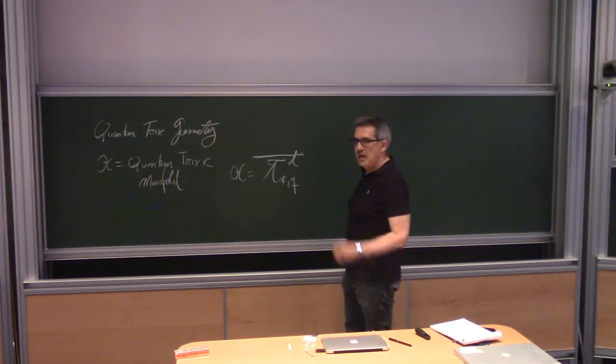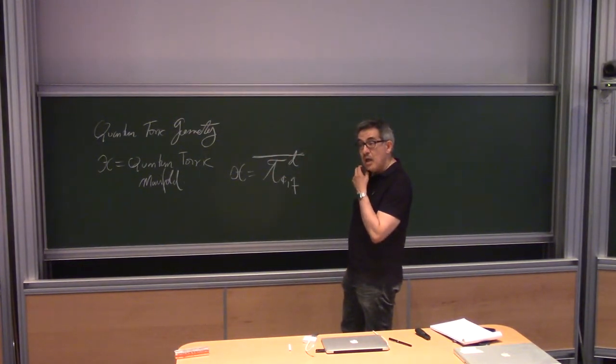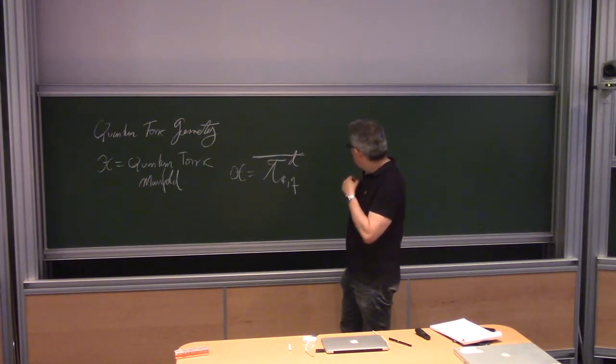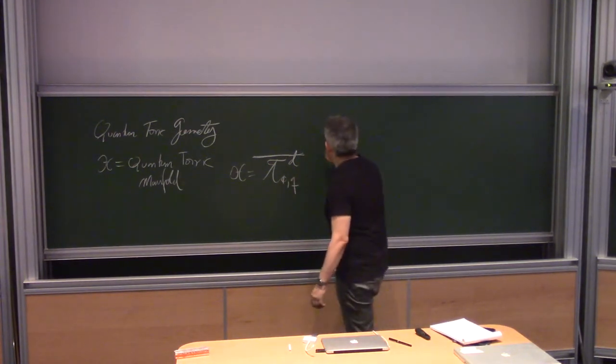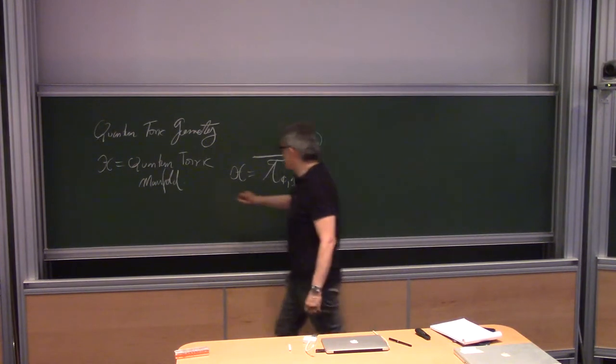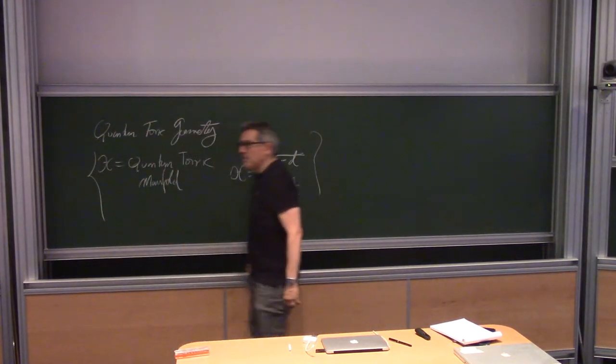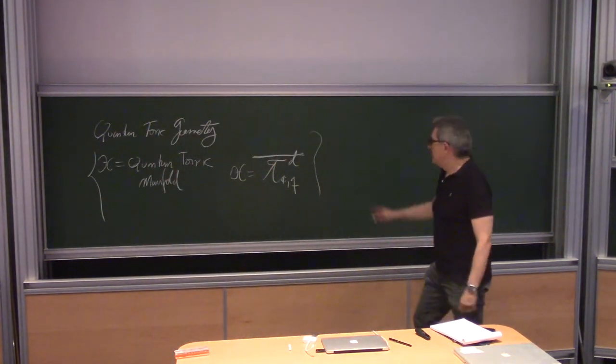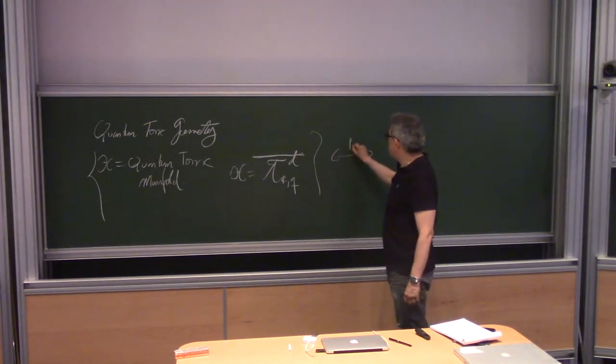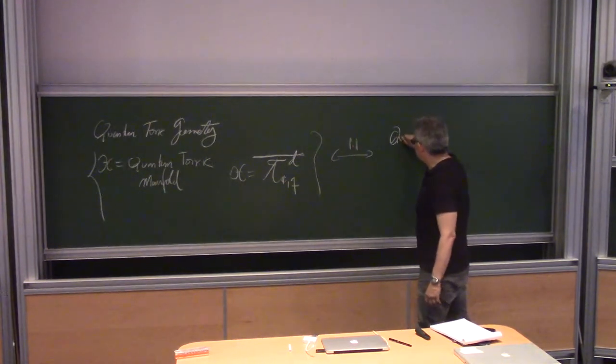It's kind of algebraic. Q is not of absolute value 1. The category of quantum toric manifolds with quantum toric maps will be in a one-to-one correspondence with quantum fans.